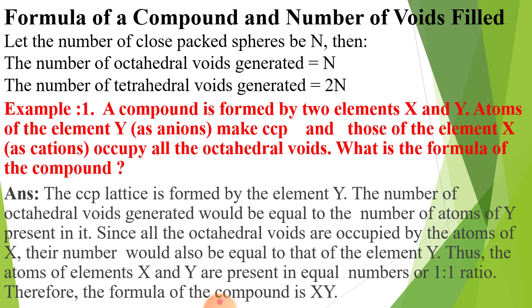Since all the octahedral voids are occupied by atoms of X, their number would also be equal to that of element Y. Thus, the atoms of elements X and Y are present in equal number, a 1:1 ratio. Therefore, the formula of the compound is XY. Cations are written first and then anions. That's why the formula is XY.